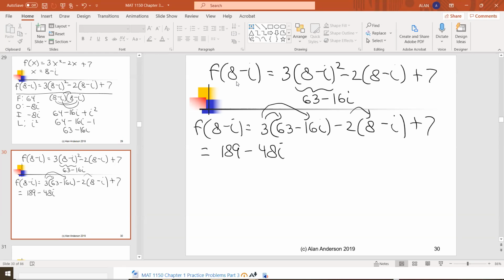And here, of course, I have minus 2 times 8 and minus 2 times minus i, which is plus 2i, plus 7. So now, of course, we'll just gather up all the constants. 189 minus 16 plus 7 is 180.